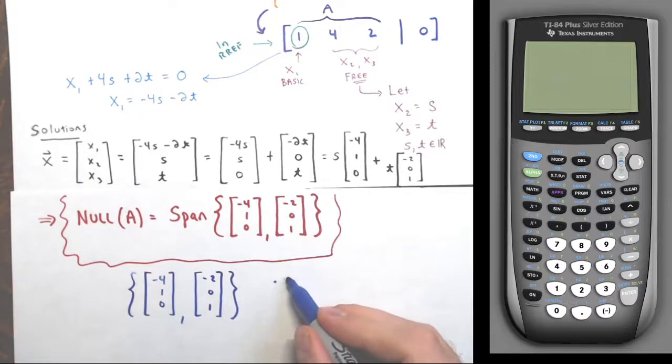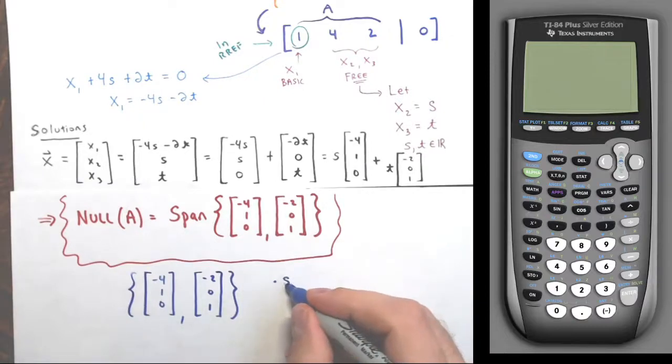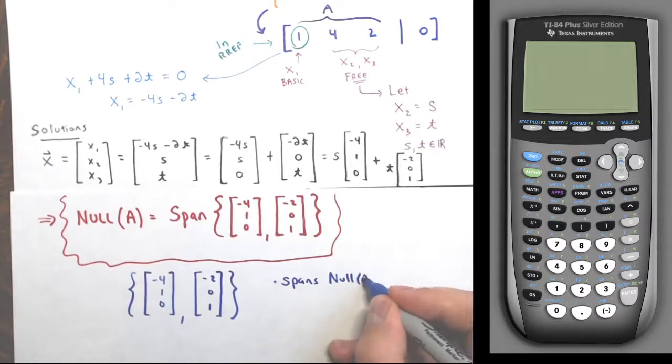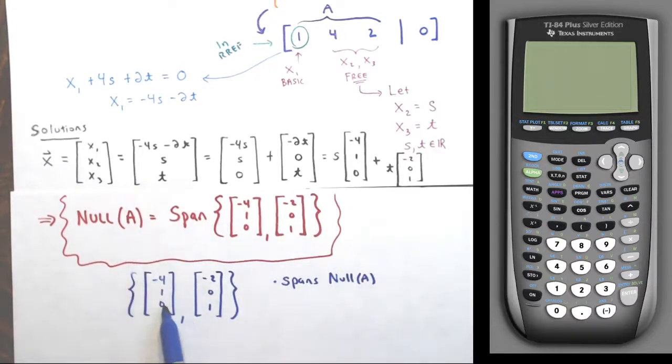So that this set definitely spans the null space of A, right? Because every vector in it can be written as a linear combination of these two, and they'd be linearly independent, right? If you do the reduced row echelon form correctly, and the way I've been working these will be independent vectors, and you can double check. There's only two of them this time.